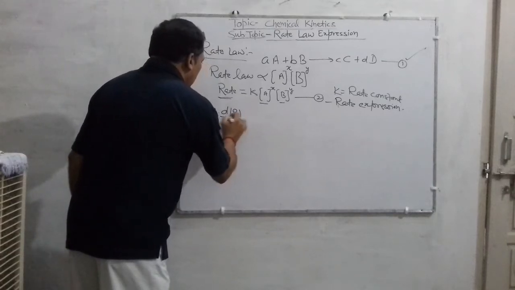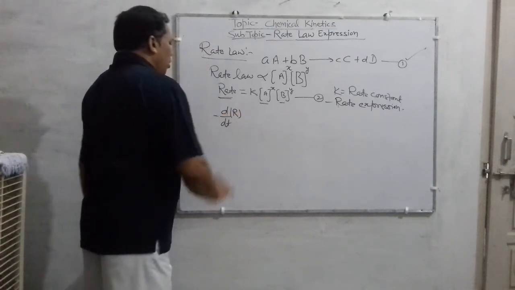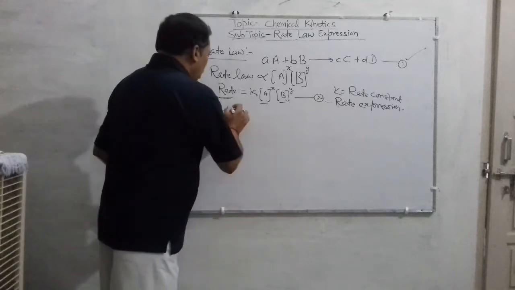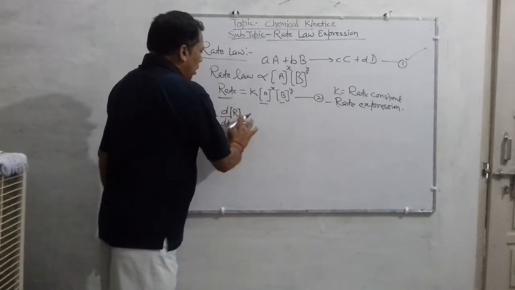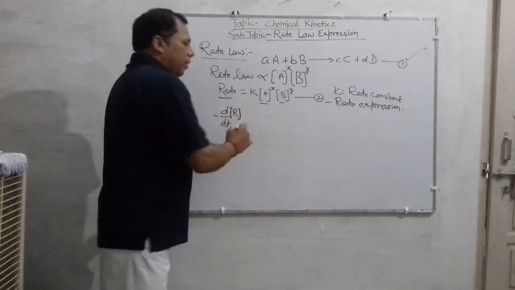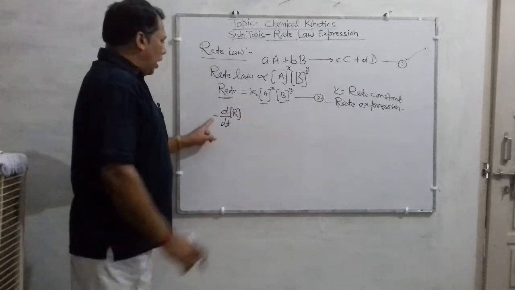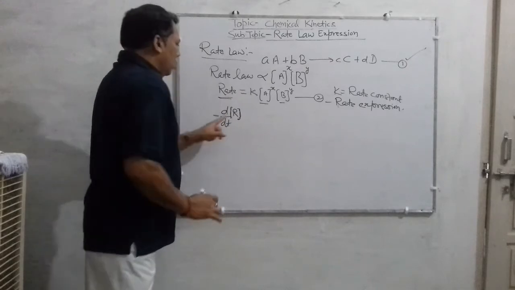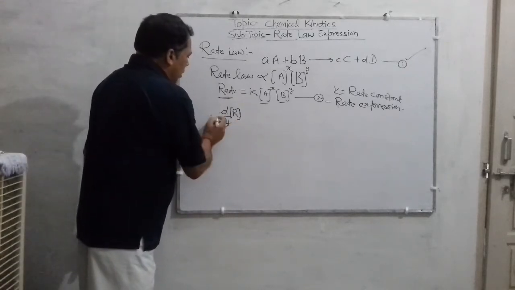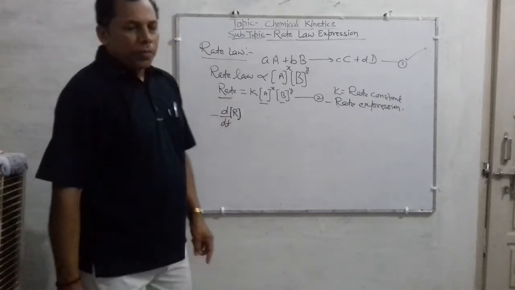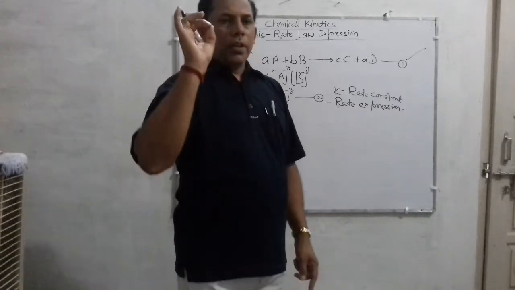And you know that when the differentiation of rate of reaction is written with a minus sign, this minus sign clearly shows that there is decrease in the concentration of reactant.